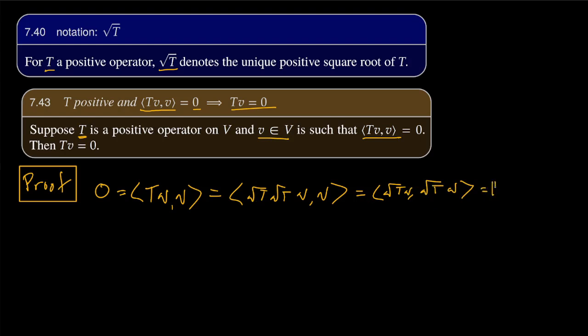Oh, wait a second. This is the norm of the square root of T applied to v. So watch this. This says that the square root of T applied to v is equal to 0. Oh, wow. Look at that.